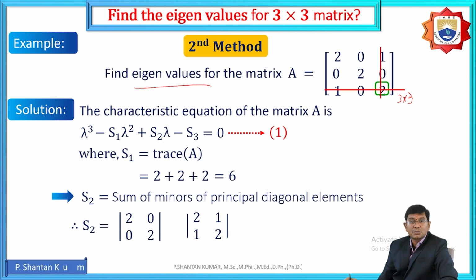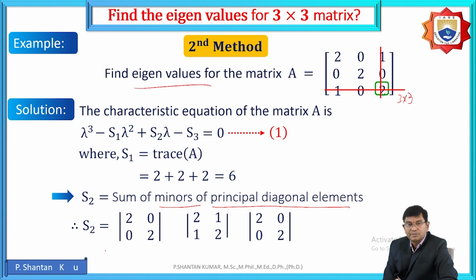The rest of the values are 2, 0, 0, 2. And again for the second minor, the values are 2, 1, 1, 2. Similarly, for the third one, we delete that particular row and column. The rest of the values are 2, 0, 0, 2. We need to find these minors of the principal diagonal elements, and after that we need to sum them, that is, add these three values.